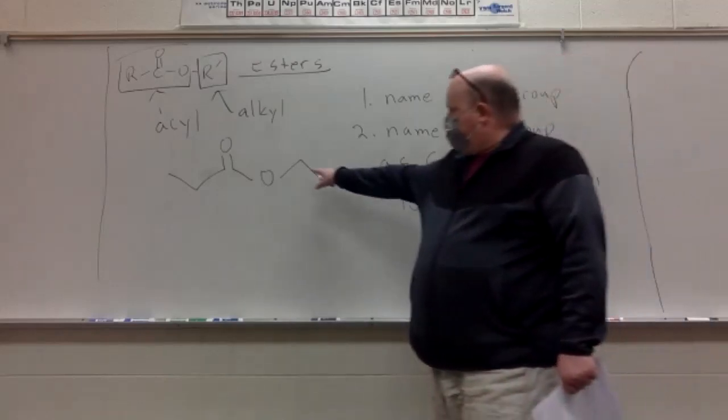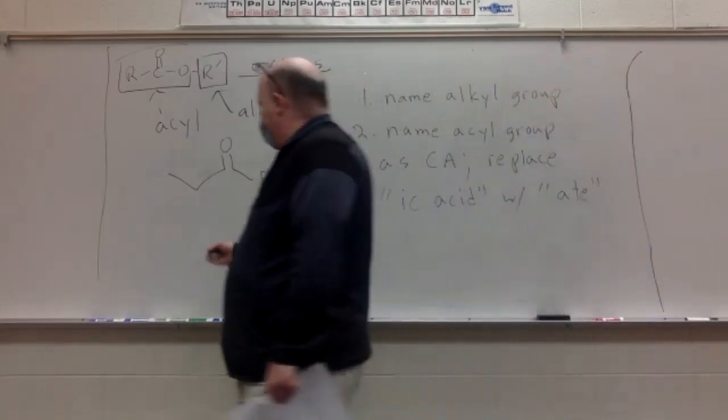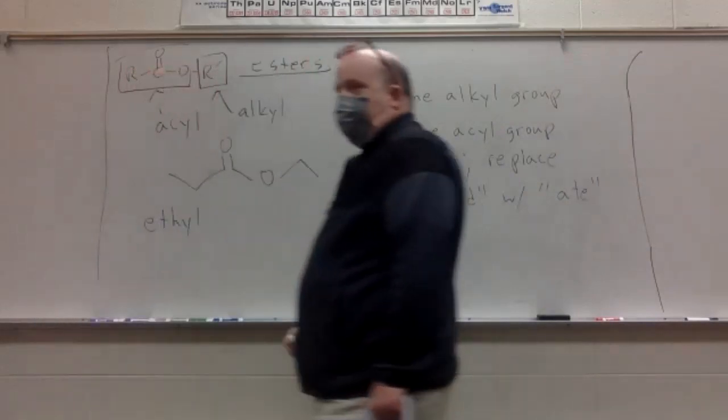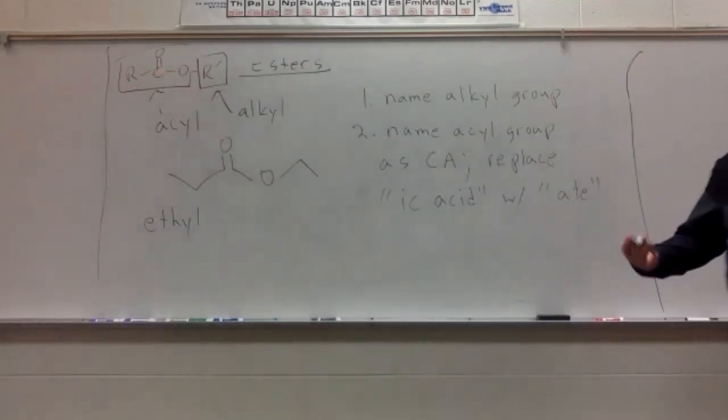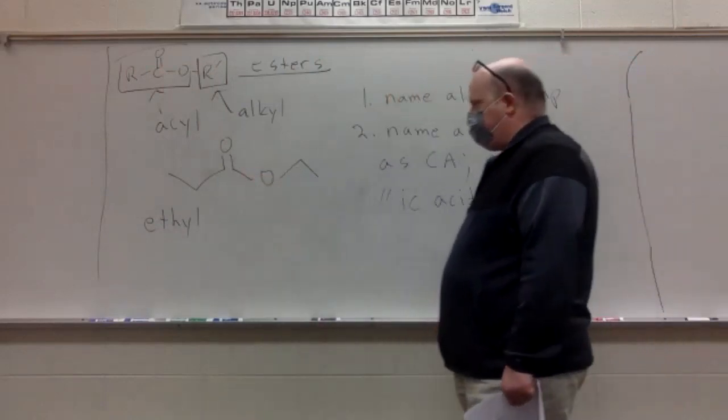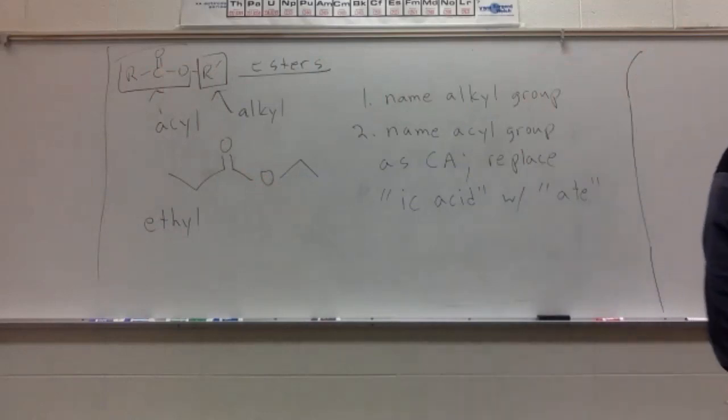Ethyl, yeah. This R group over here on the other side is an ethyl group. That's going to be the first part of the name. Then basically what you do, you pretend the acyl group is a carboxylic acid, and then you replace the ic acid with ate.